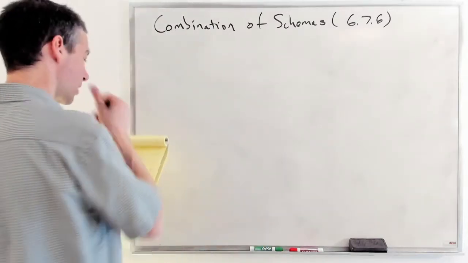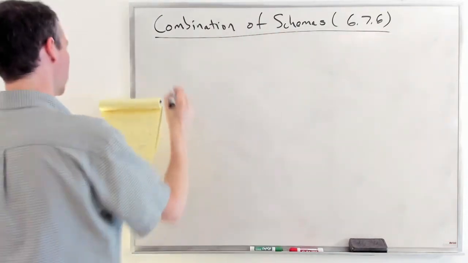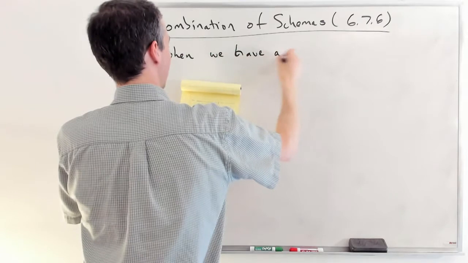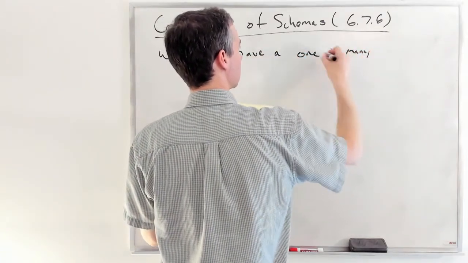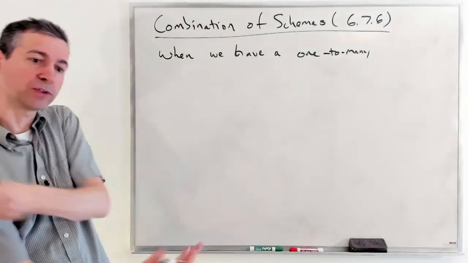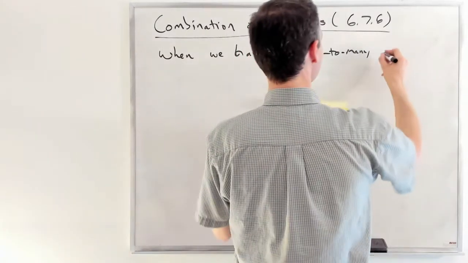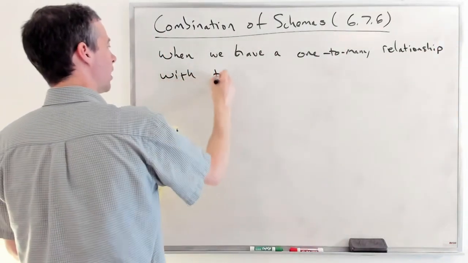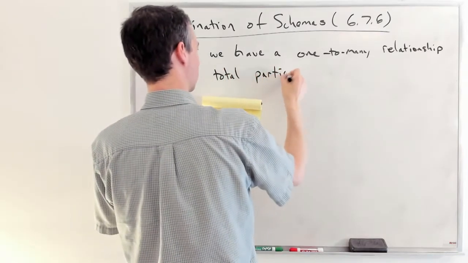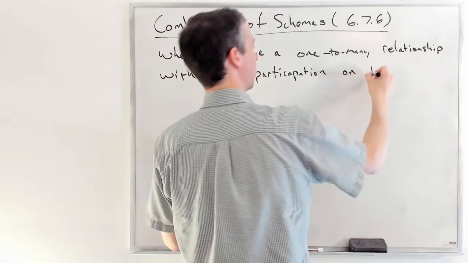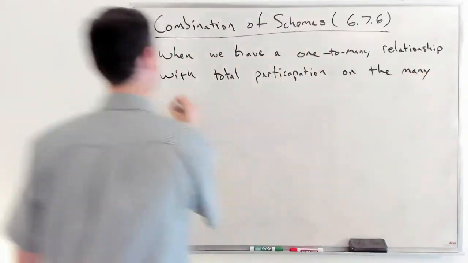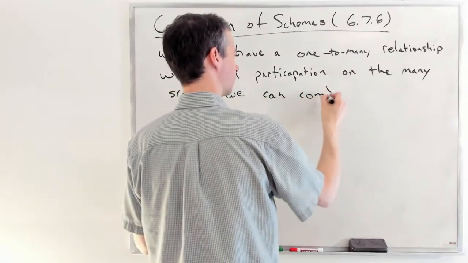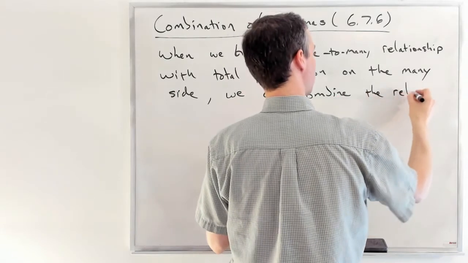The big thing this whole section gets down to is this: when we have a one-to-many, or of course a many-to-one as well, because it's just the flip depending on how we drew the diagram, a one-to-many relationship that has total participation on the many side, which is the side without the arrow, we can combine the relationship schema.